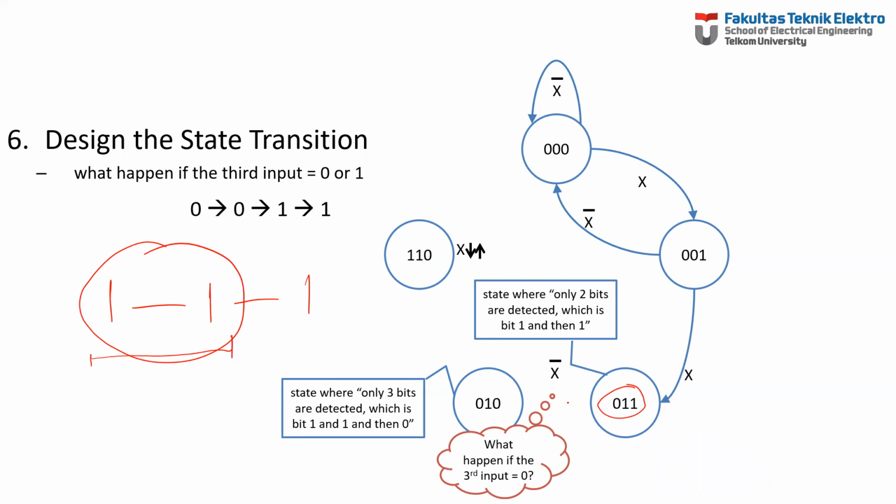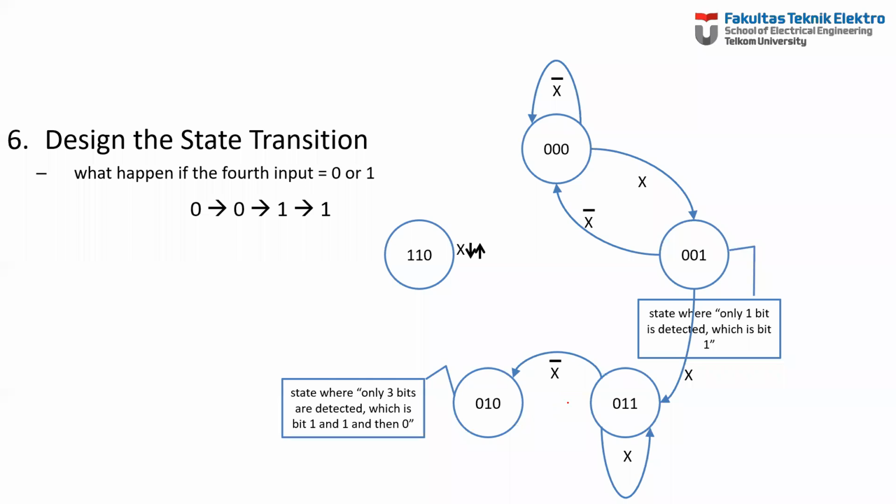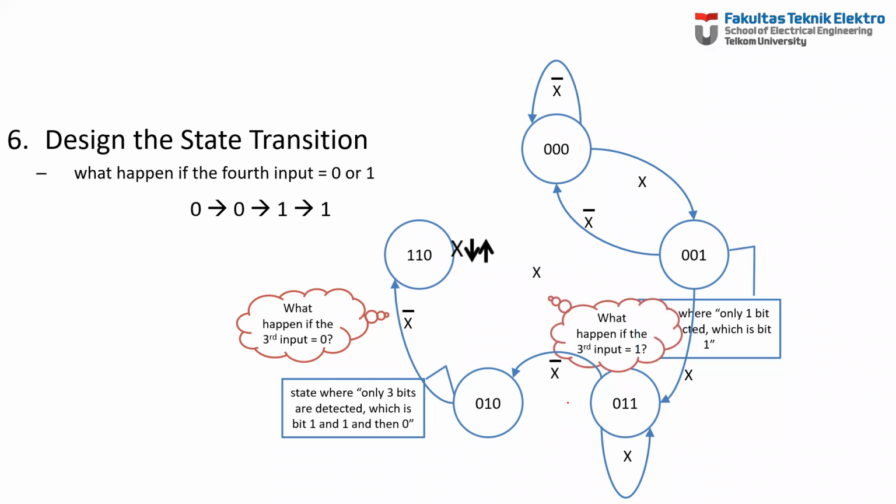Next is the last one. What happens if the third input is 0? Easy. It will change to the state 0, 1, 1, 0. How about if the next input is 1? So it will happen that 1, 1, and then 0. Almost there. It's supposed to be 0, but it comes with 1.